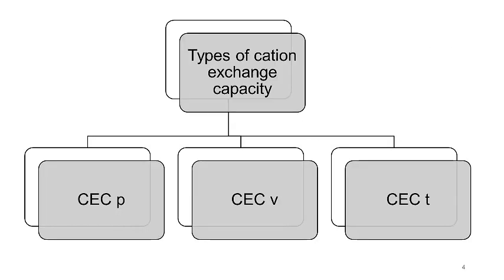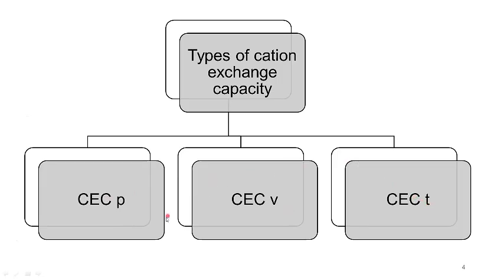These are the main three types of cation exchange capacity. The first one is the permanent cation exchange capacity. Here, the P indicates permanent. CEC means cation exchange capacity, so CEC-P is permanent, and V stands for variable, CEC-V is cation exchange capacity variable, and then cation exchange capacity total.